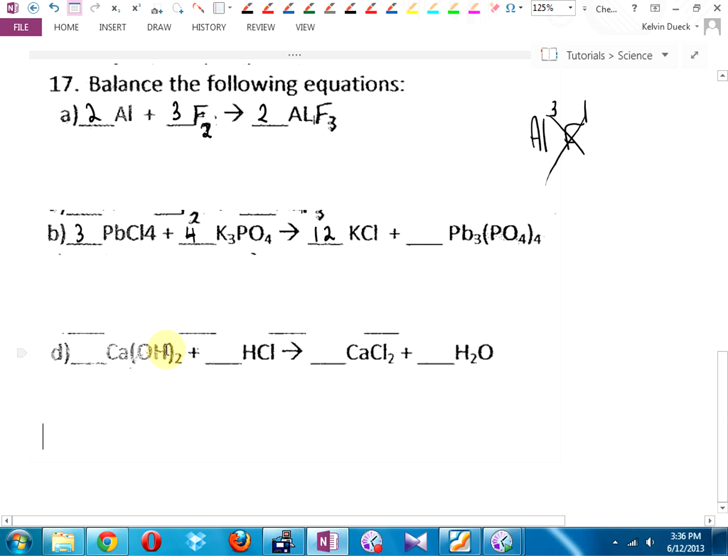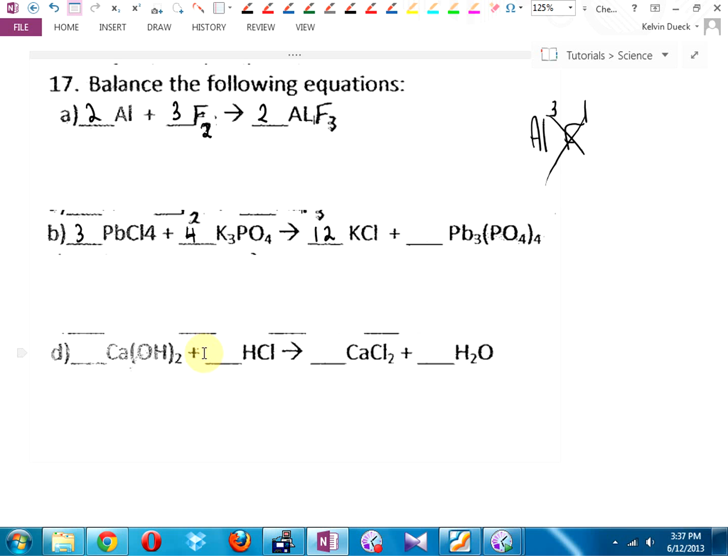And the reason I can tell is that OH is getting broken up into, oh, what's one of your products? Water. And so this is an acid-base neutralization reaction. This is the acid. Acids begin with hydrogen. It's hydrochloric acid. This is a base. This is calcium hydroxide. So for these ones, we said deal with oxygen and hydrogen last, because you're kind of hoping that if you take care of the other ones, they'll fall into place.